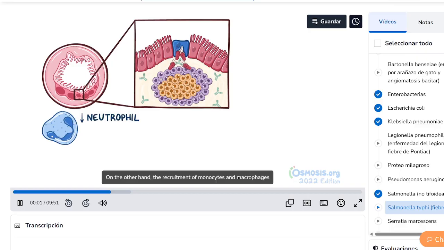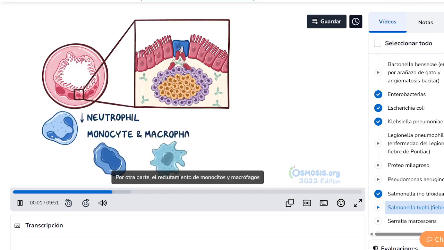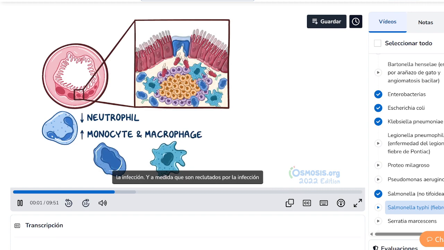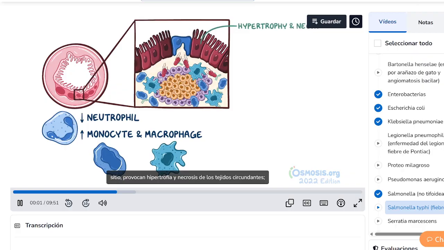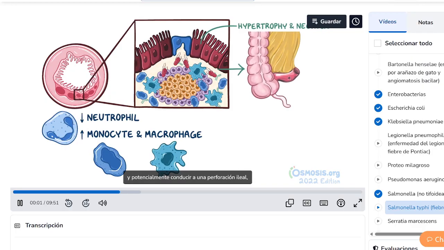On the other hand, the recruitment of monocytes and macrophages is induced, making them the primary cells that respond to the infection. And as they're recruited to the infection site, they cause hypertrophy and necrosis of the surrounding tissues, which can damage the epithelial lining and potentially lead to ileal perforation, and consequently, a secondary infection of the peritoneum.